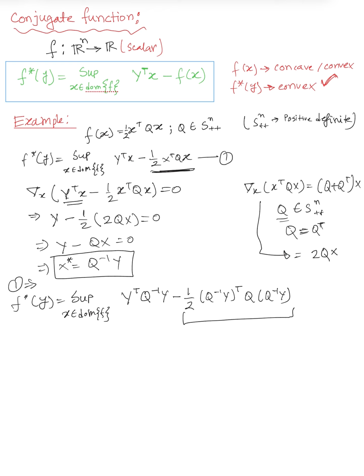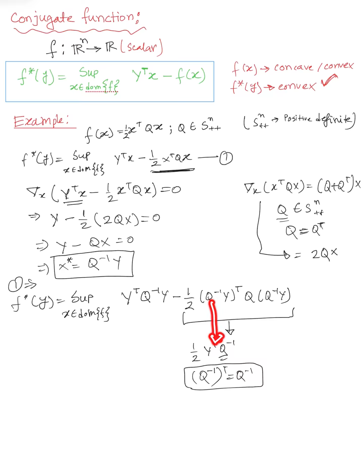Now what is this portion? This portion is basically half y transpose Q inverse. If we take the transpose of this, we get this, and that's how we have y transpose Q inverse.